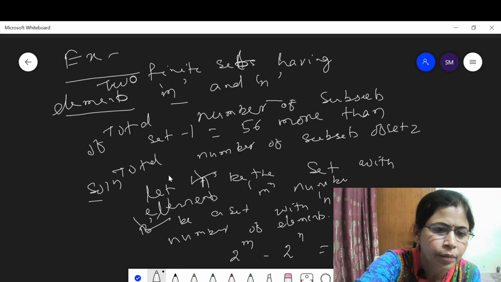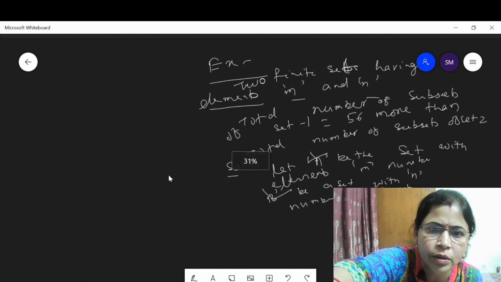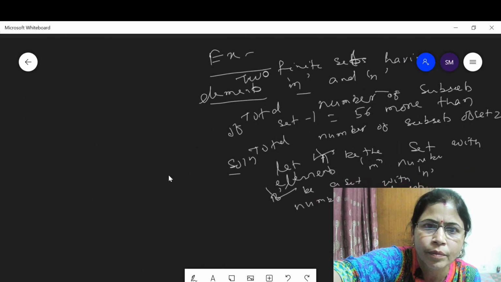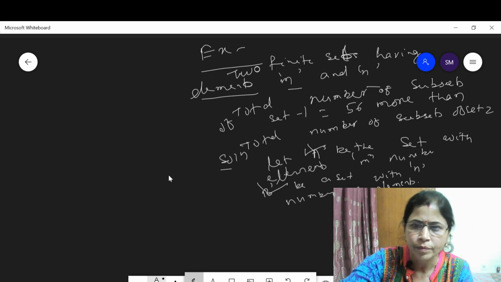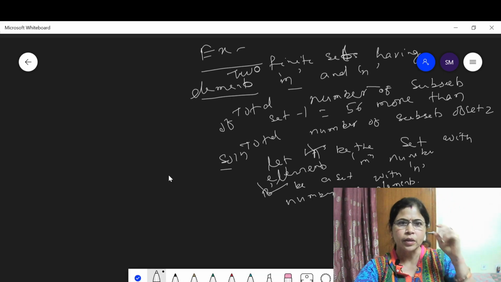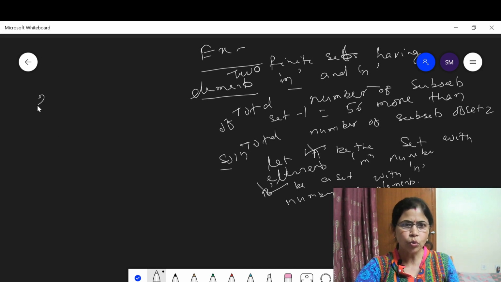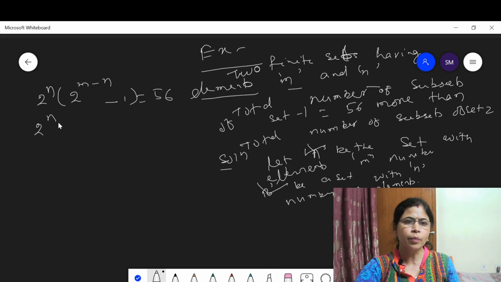Now let us take 2 to the power n common, then we get 2 to the power n into 2 to the power m minus n minus 1 is equal to 56. 56 can be written as 8 into 7.